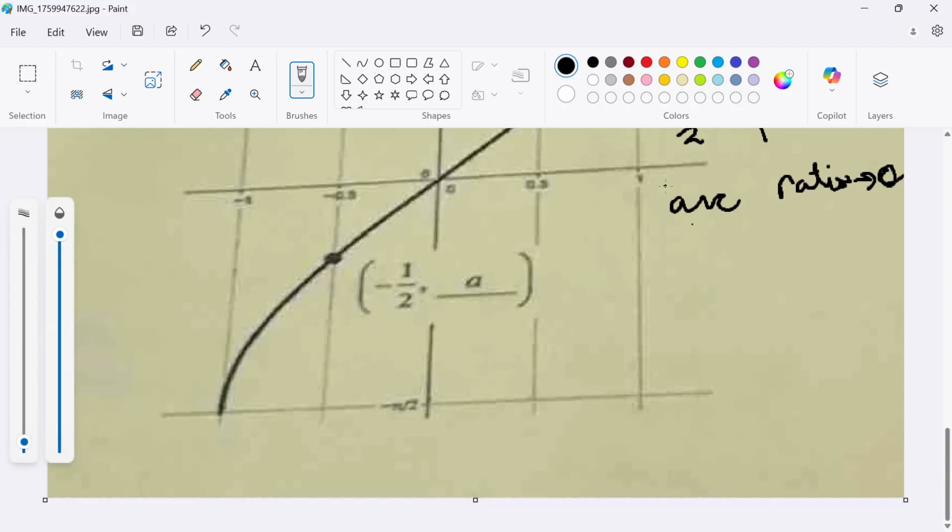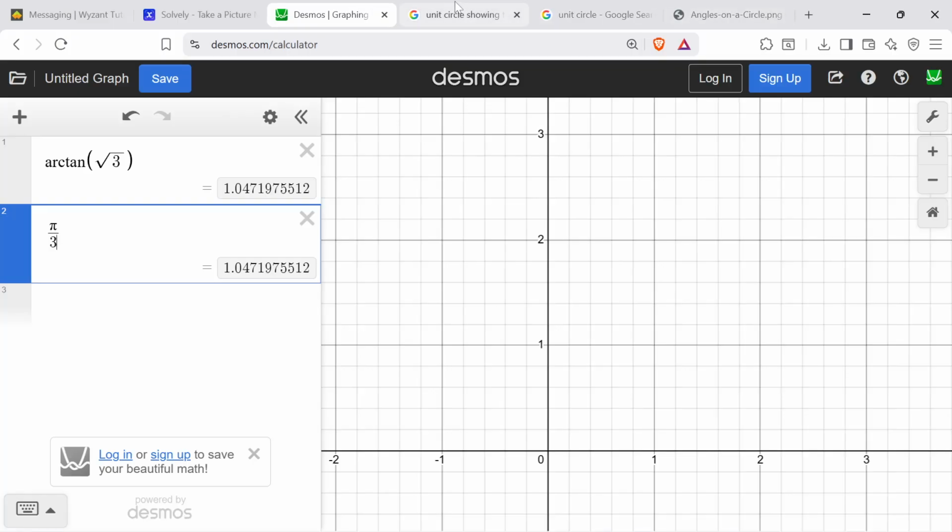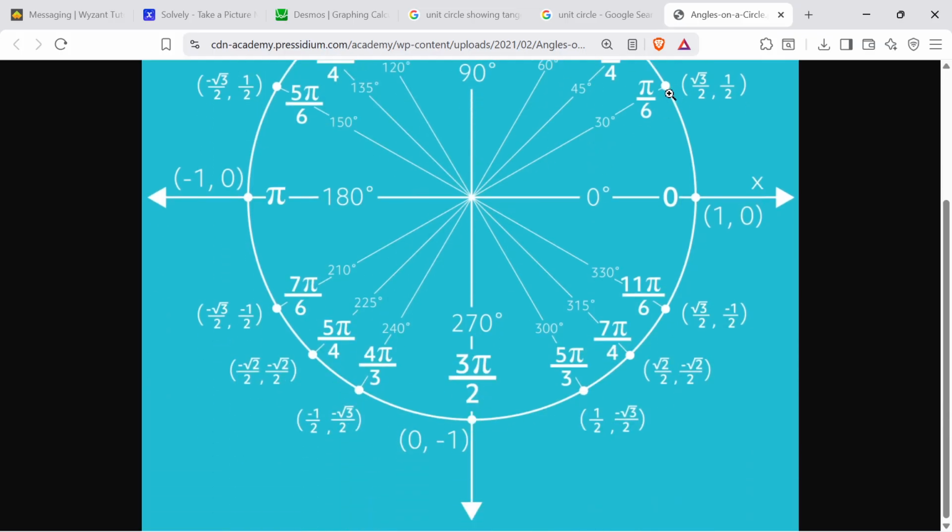Now this one is negative 1/2. If you know the unit circle, there is no standard angle that you're going to see on the unit circle that has a tangent of negative 1/2. The tangent of 11 pi over 6 would be negative 1/2 divided by square root of 3 over 2, which would be negative 1 over square root of 3, which would be negative square root of 3 over 3. 7 pi over 4 would be negative pi over 4, which would be negative 1, not negative 1/2.